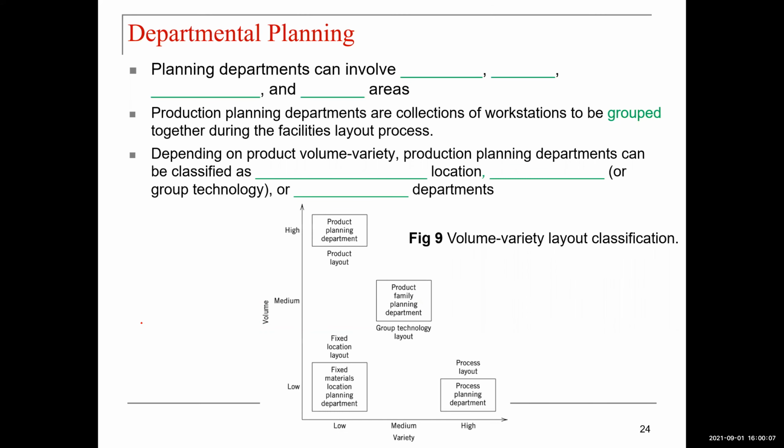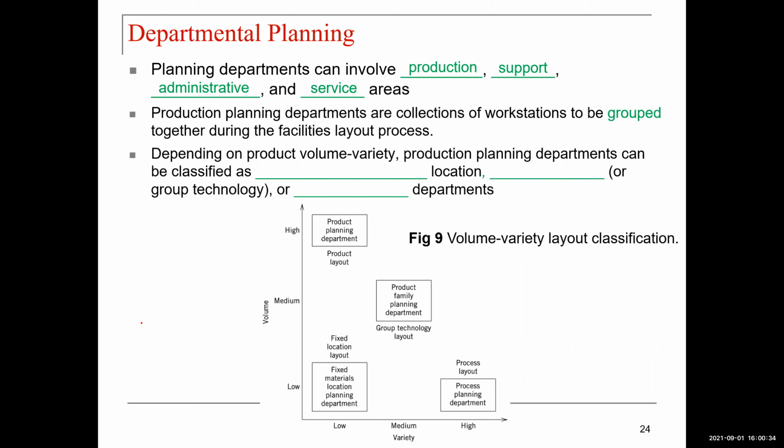So planning departments can involve production, support, administrative, and service areas. Production planning departments are collections of workstations to be grouped together during the facilities layout process. Okay, so in production planning, you are doing some type of activity on your product with a machine, an assembly, or something else.